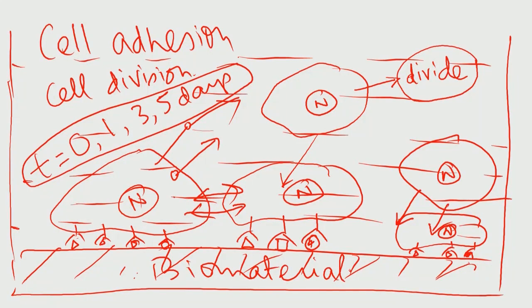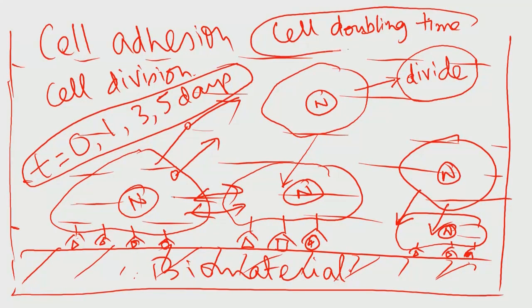This depends on the cell doubling time. Cell doubling time means the typical time frame at which an isolated cell in a culture medium is expected to divide.